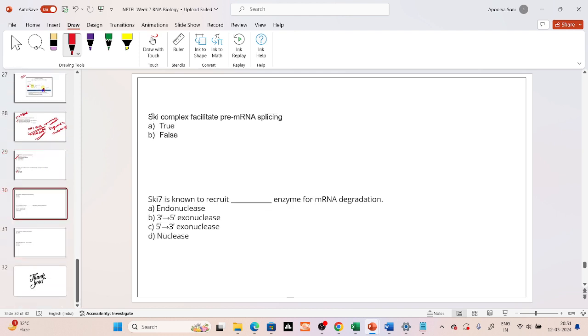Okay. So Ski complex facilitates pre-mRNA splicing. True or false? One minute to think and then I will switch the screen.